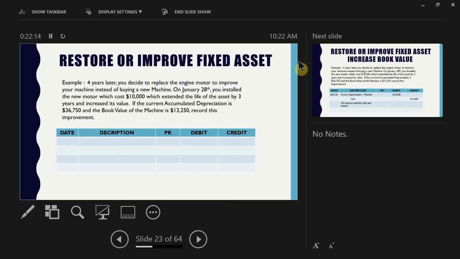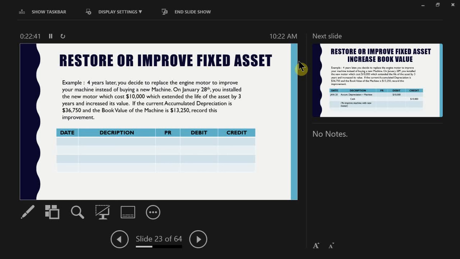Okay, so in this case, my current accumulated depreciation is right now $36,750, if I'm using the straight line method again to depreciate the asset, right? We saw this example from the previous one. It's now 4 years later, and it's now January 28th, right? It's been 49 months.